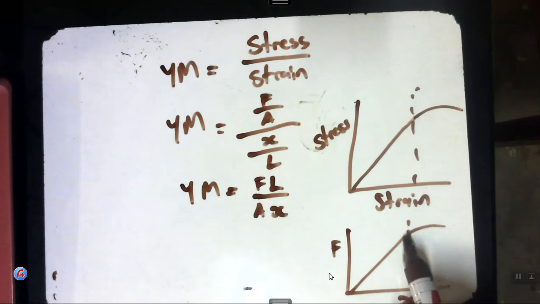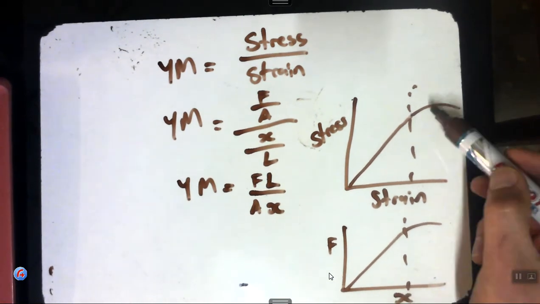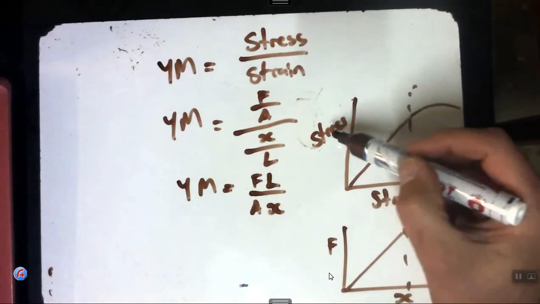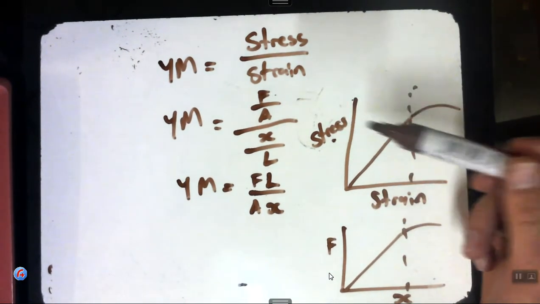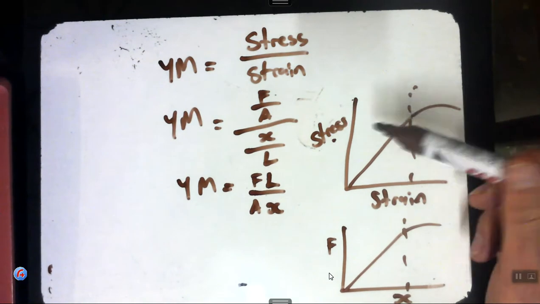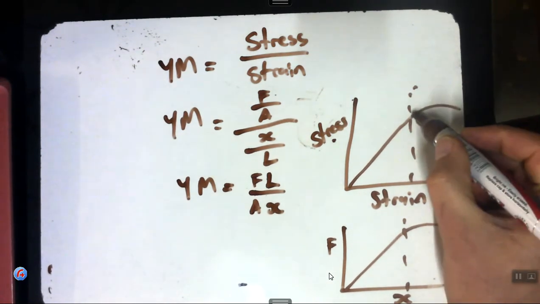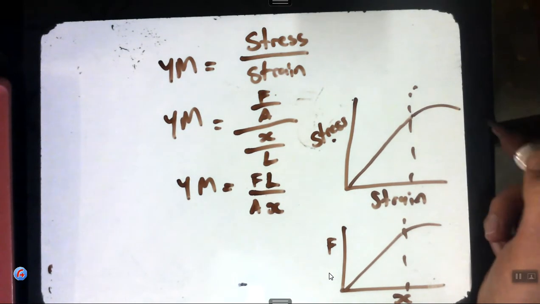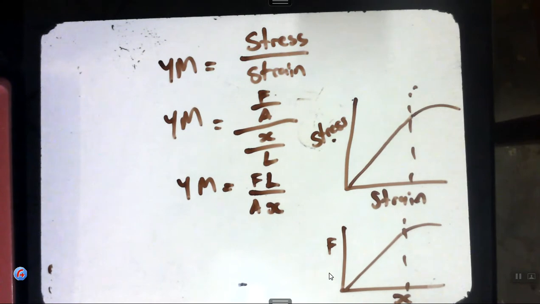So if we pass the limit of proportionality, the wire or the spring permanently deforms, and the same thing here. We can see here that stress has force in it and that strain has extension in it. So therefore the graph has a similar shape. And when it changes from the directly proportional line, it means that it does not obey Hooke's law anymore.